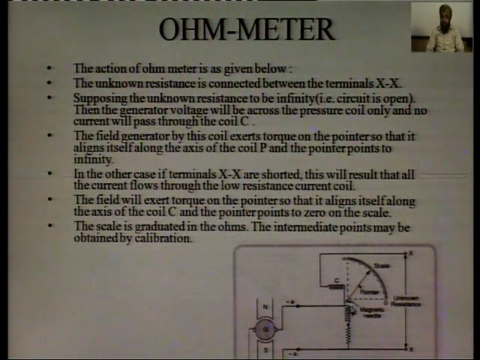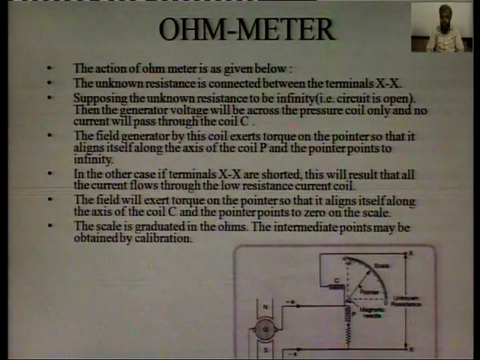So the magnetic needle tries to align along the axis of the pressure coil, and it will deflect to the infinite reading side. So the reading on the ohmmeter will be infinite.